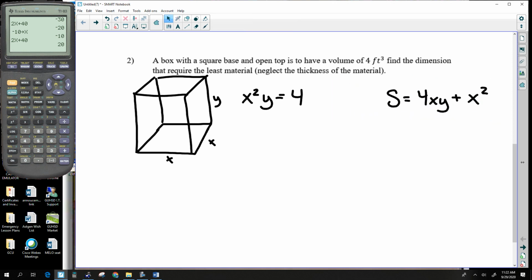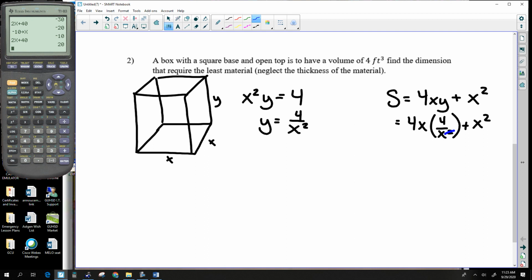All right, so let's get going. I think it'd be in my best interest to solve for y, that way I don't have to do that much substitution. So let's solve for y. Y is equal to 4 divided by x squared. So 4x times 4 divided by x squared, plus x squared.